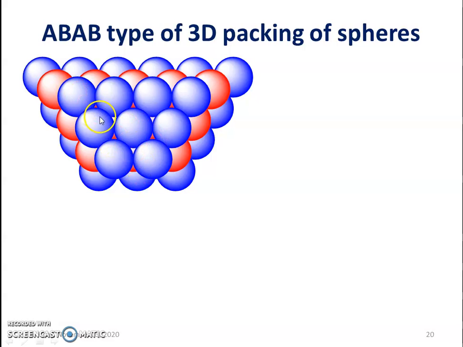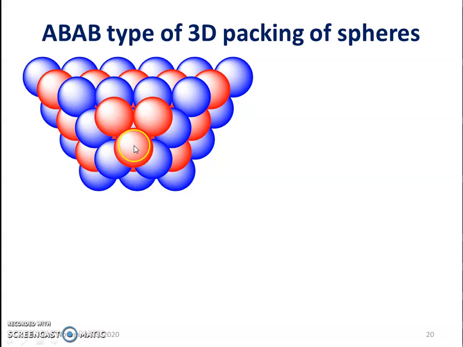The spheres of the A layer are exactly above the spheres of the A layer only. In other words, the spheres of the third layer are exactly aligned with the spheres of the first layer, and therefore this is the AB type of arrangement.